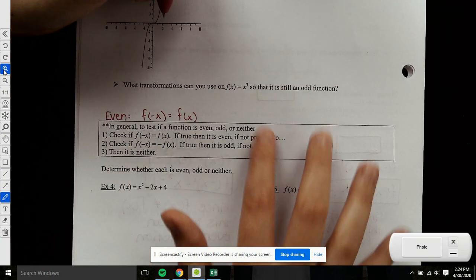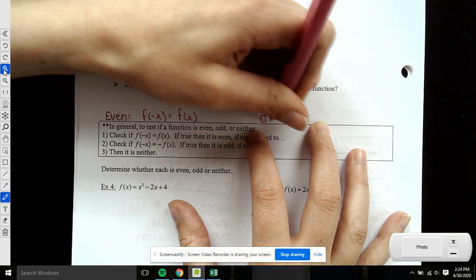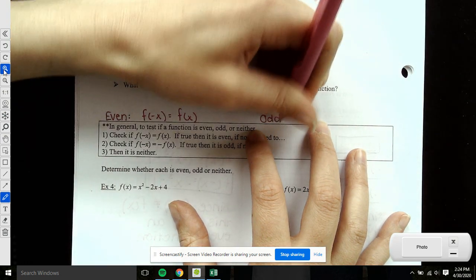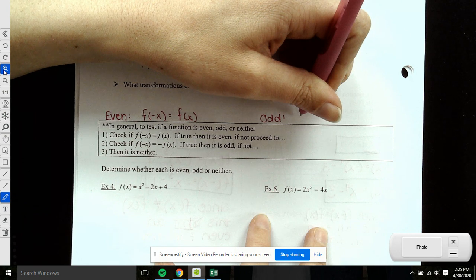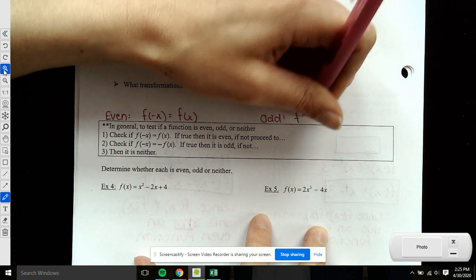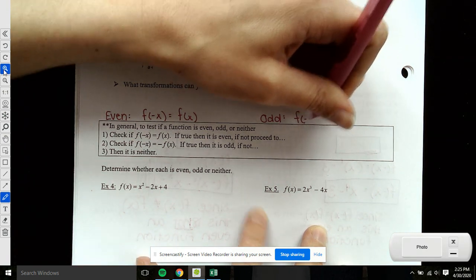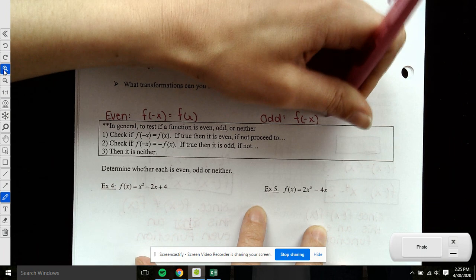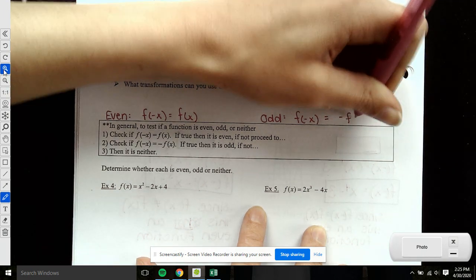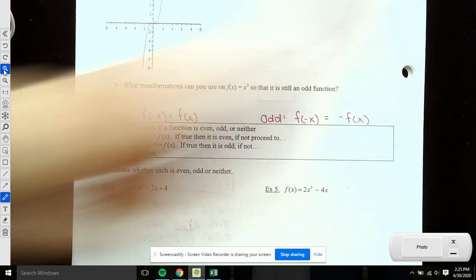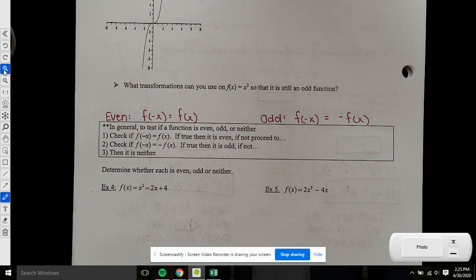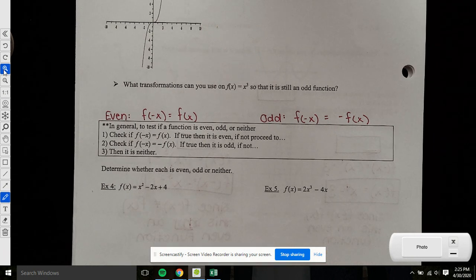When a function is odd, however, we use f of negative x is not equal to f of x. It's equal to negative f of x. So we're going to take a look below to see the different outcomes that are going to come up.